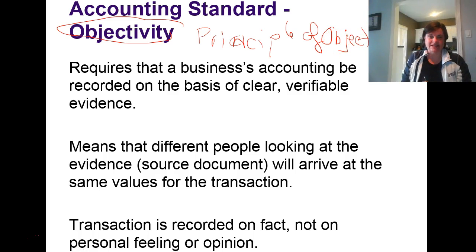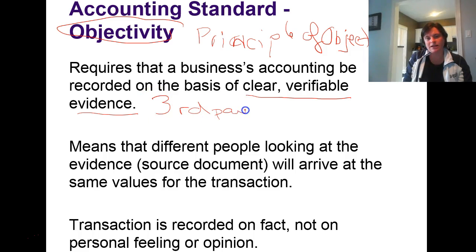And this accounting standard says that a business's accounting be recorded on the basis of clear, verifiable evidence. I want you to think about this as, in most cases, third-party evidence.